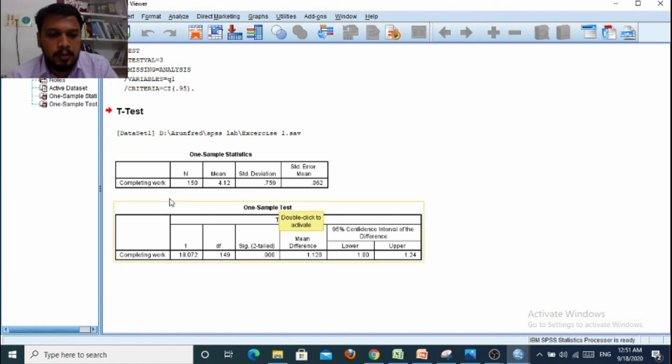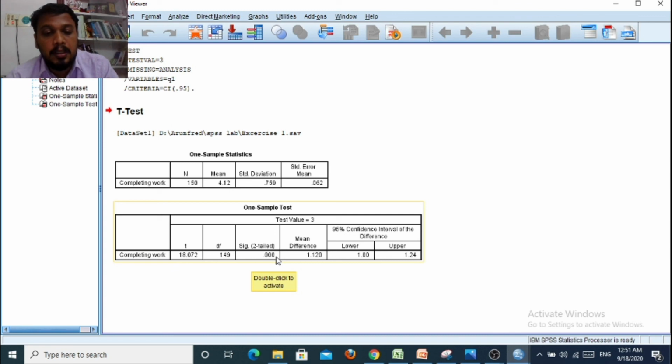This shows the number of samples, mean and standard deviation, which we calculated manually and have obtained in SPSS. The next table is where we can find the t-value, the degrees of freedom which is n minus 1, and the p-value. The p-value is the calculated significance value, that is 0.001.